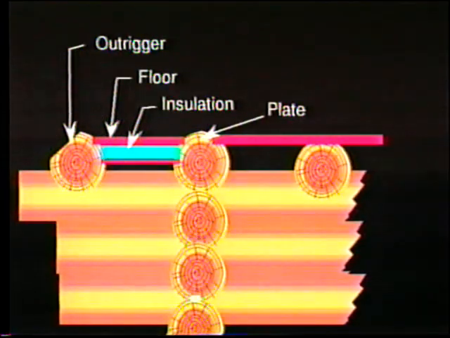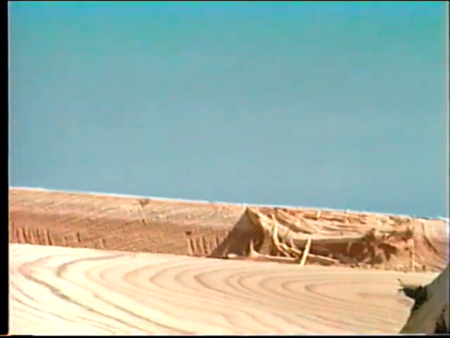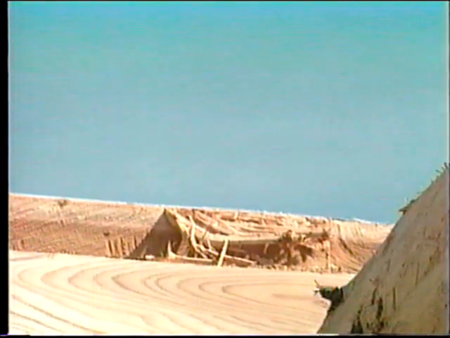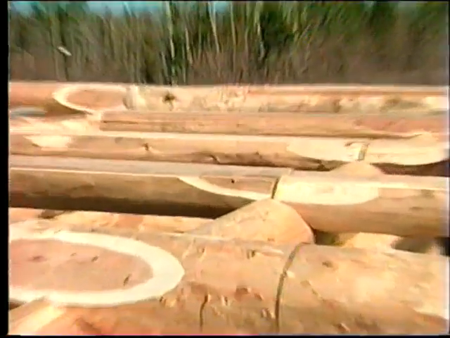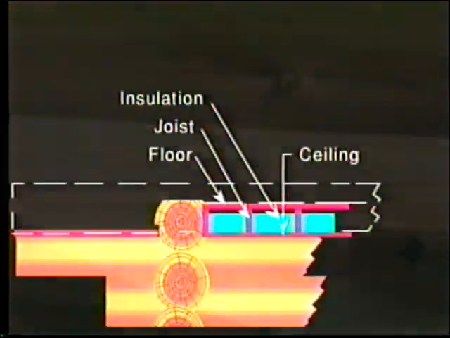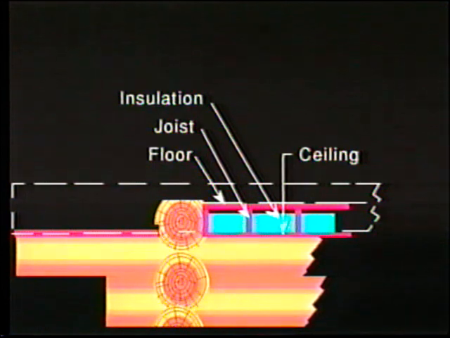Alternately, the flooring can be notched into this log, then continued on the other side. It is also an option to space the joists wider and use them as beams.